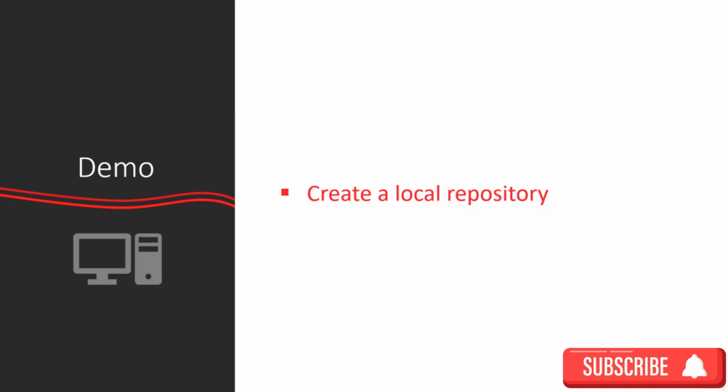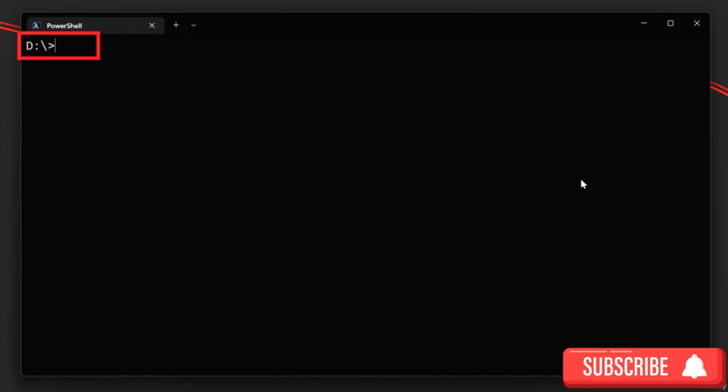In this demonstration, you will learn how to create a local repository. Let's switch to the command line. As you can see, the command line is on the D drive of my computer. Now let's create a folder for our project.